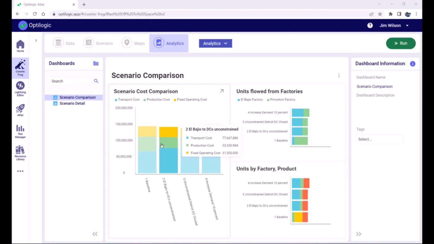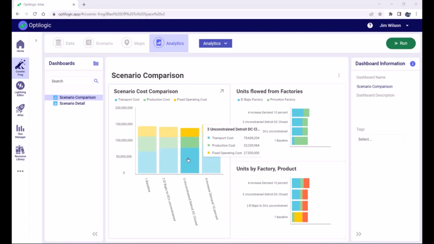So there's a 12 million reduction there in terms of production costs, and that's really because it's much cheaper to make product in Mexico. But we also see that transportation increases by about 10 million. So net we have about a 2.5 million saving, and that transport cost increases because we need to move more product further out of Mexico into those distribution centres.